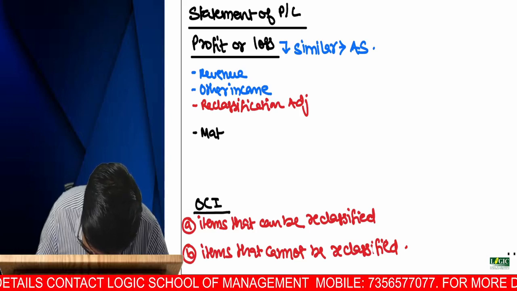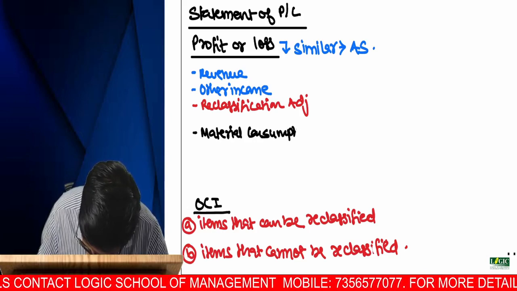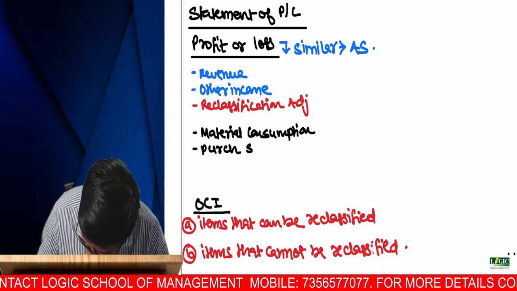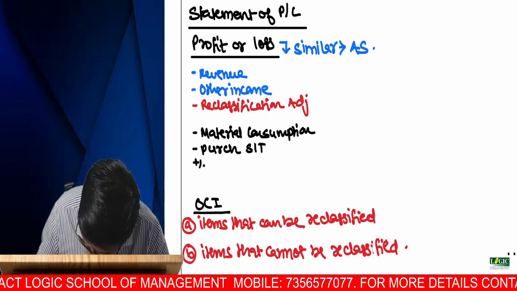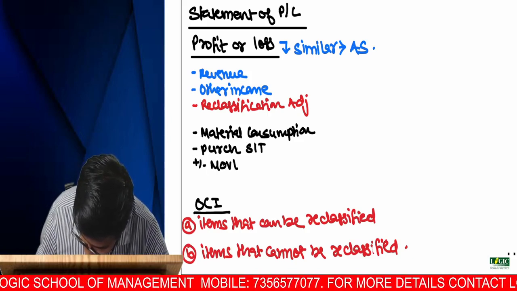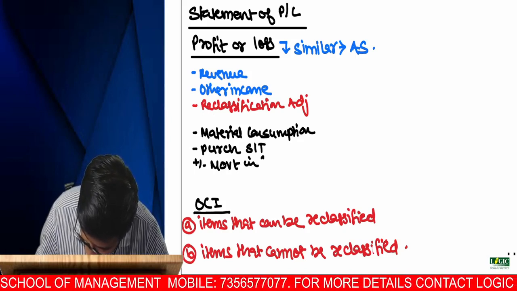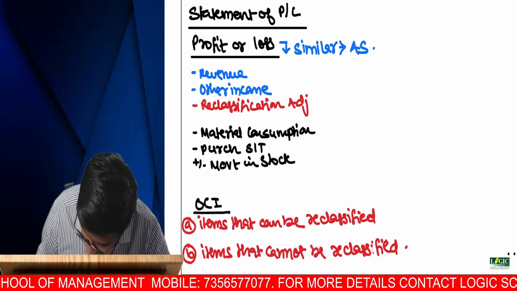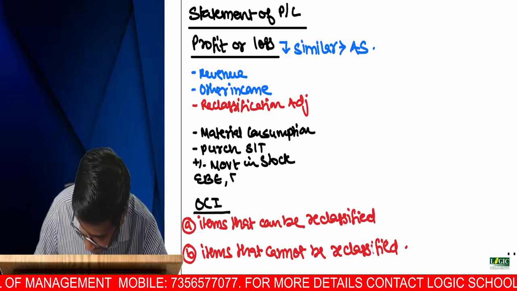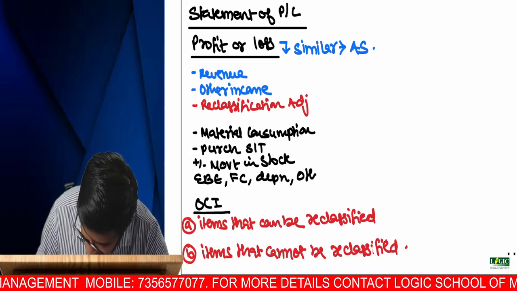Material consumed, purchase of stock in trade, plus or minus movement in stock, movement in inventory, employee benefit expense, you have finance cost, you have depreciation and amortization, and you have others.